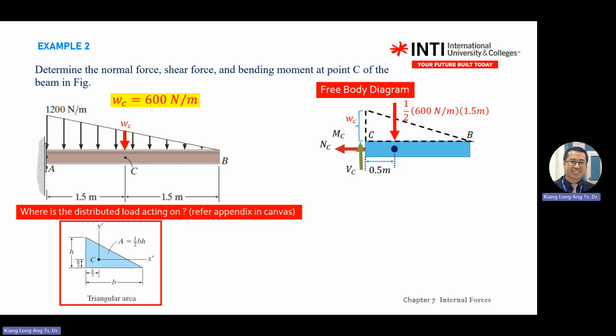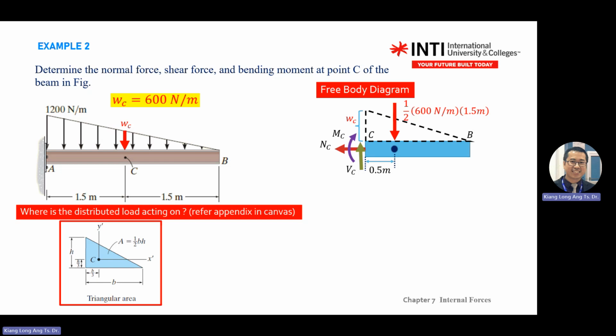Okay, then there's a moment. There's a bending moment. In this case, we assume it will follow the motion of this component, because when you press, you would try to rotate this object. So we assume it's in this direction. But again, if you assume wrongly and draw a clockwise direction, also okay.